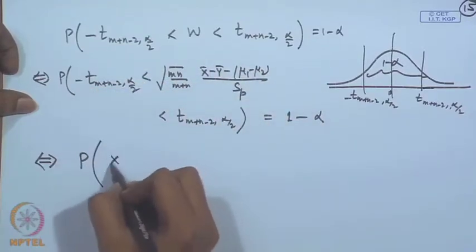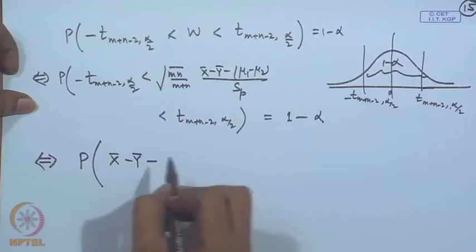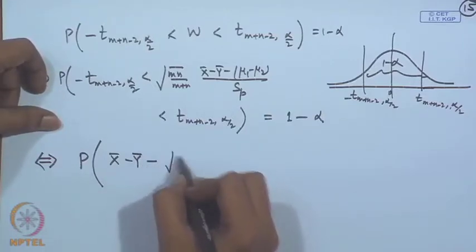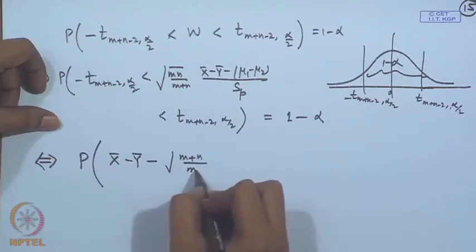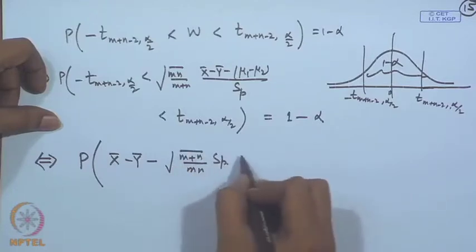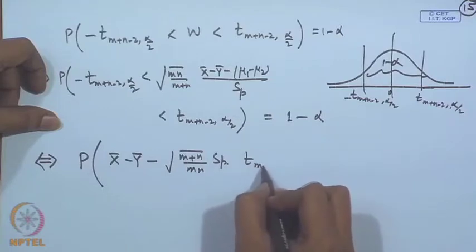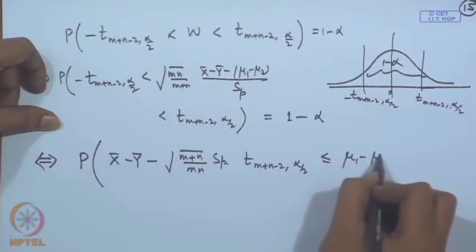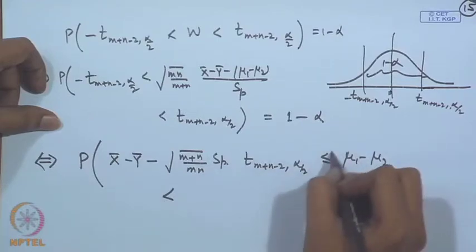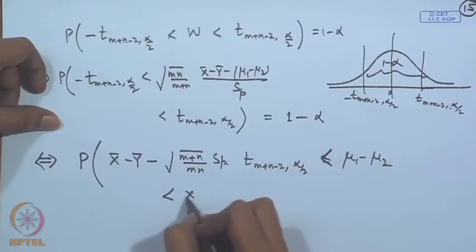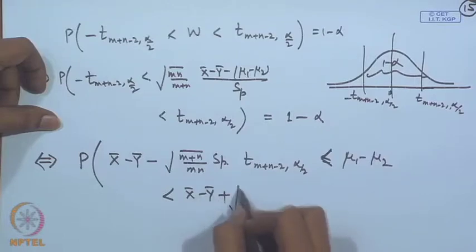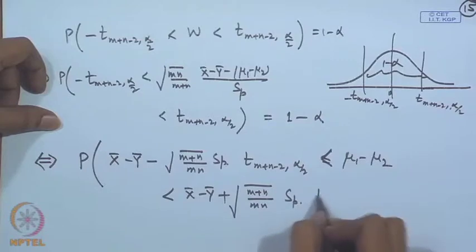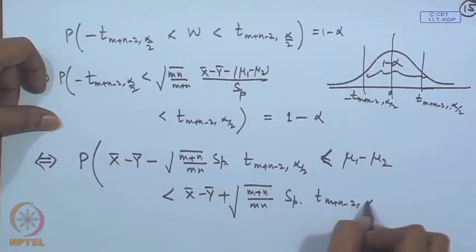That statement will then be x bar minus y bar minus root((m+n)/(mn)) S_p t_{m+n-2, alpha/2} less than or equal to mu 1 minus mu 2 less than x bar minus y bar plus root((m+n)/(mn)) S_p t_{m+n-2, alpha/2}.